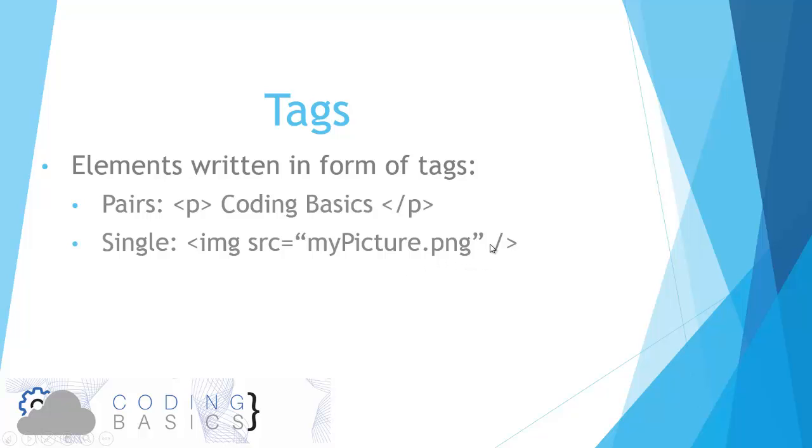You can specify the width and the height. You can use those as parameters for this image tag. And for single tags, you close them off, after everything, with a / and a closing angled bracket. That is the difference between pairs and single tags.